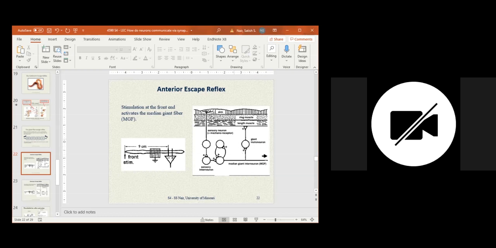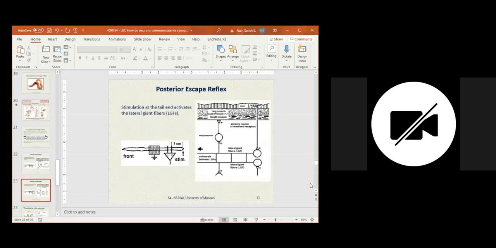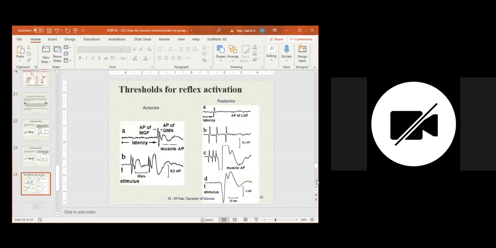It may activate depending on how strong the stimulus is, and then engage these muscles for the escape reflex. And the posterior escape reflex, this is not very strong. The synapse is not very strong. So you need much more stimulation on the posterior end to make this work. So it's basically showing you how synapses control behavior.